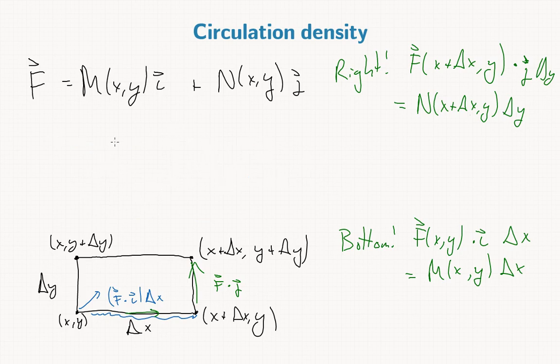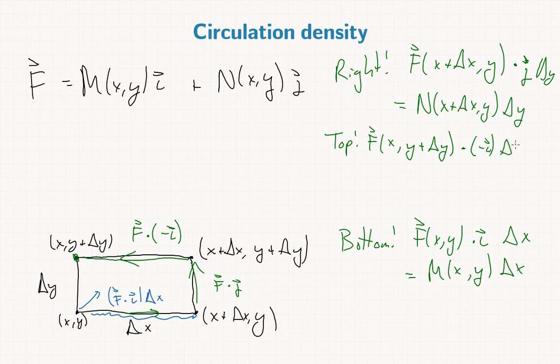Since we want to measure counterclockwise circulation, along here we'll take F dot negative i, and we'll plug that in here. So the top is F of (x, y plus delta y) dot negative i times delta x, and so that's negative M of (x, y plus delta y) delta x.